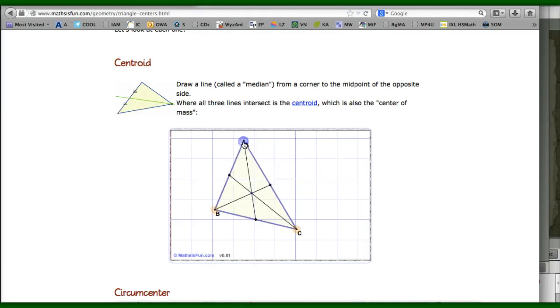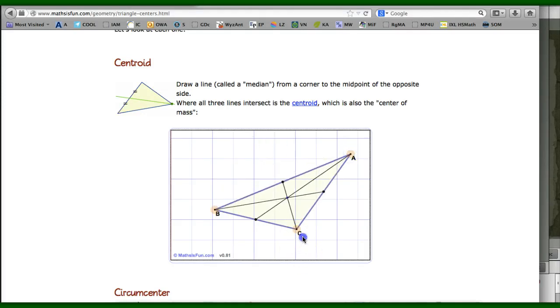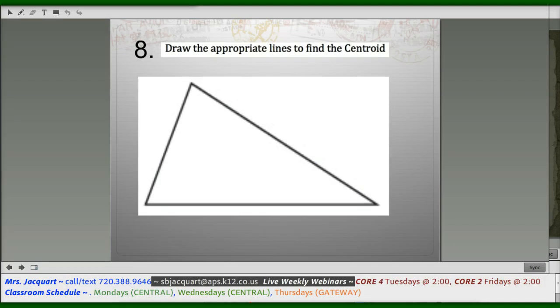This website's really cool because I could drag my triangles around, by the way. Anyway, I thought that was really cool. So my centroids are my medians. So what that means is I'm going to use a ruler and decide that there's my midpoint for that one. That side equals that side, connect it to the vertex. All right, find my other median.